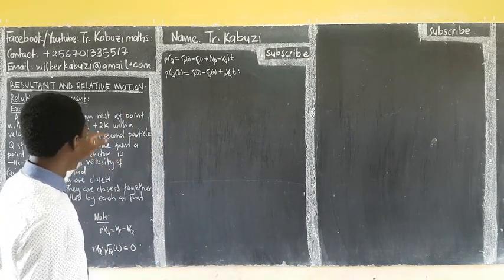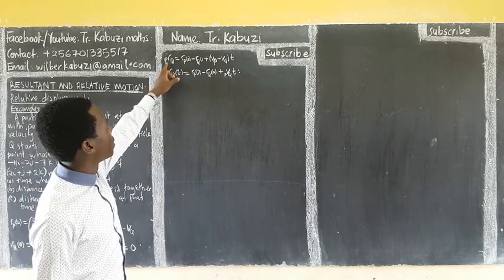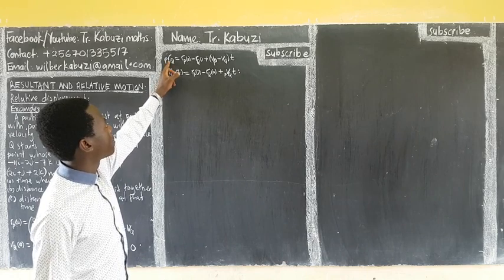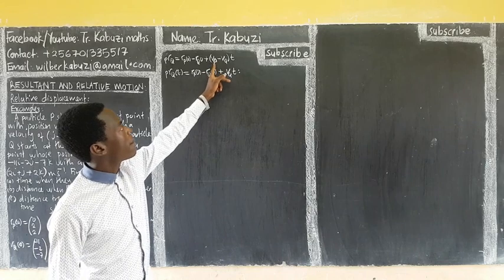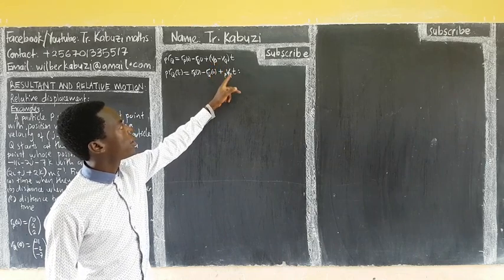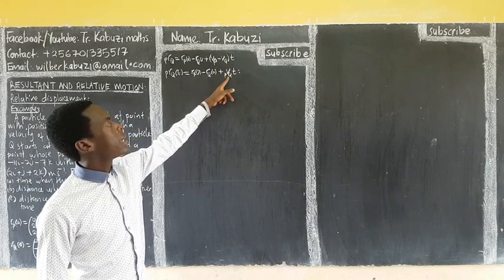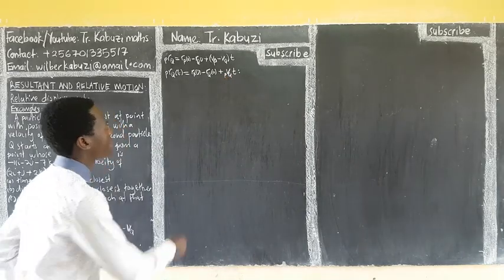So know that always our displacement of P relative to Q is going to be this and this. But remember, Vp minus Vq is equal to our relative velocity of P and Q. So you start by getting this.